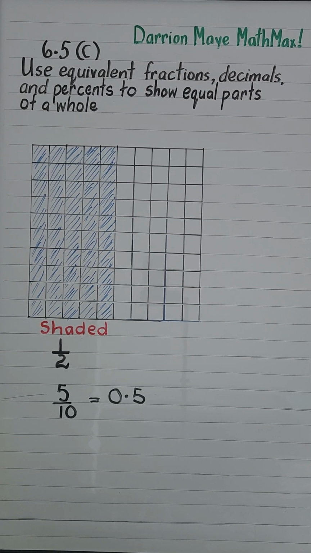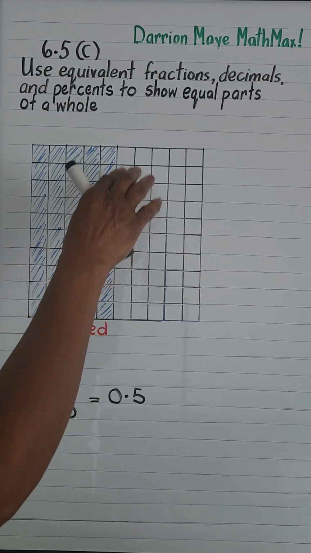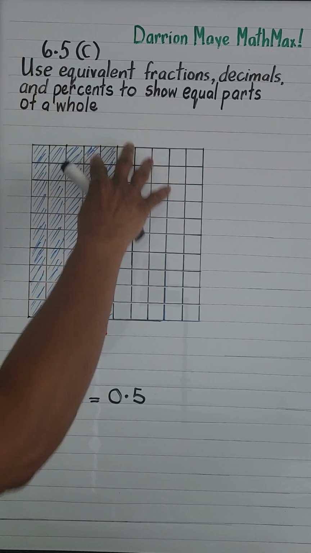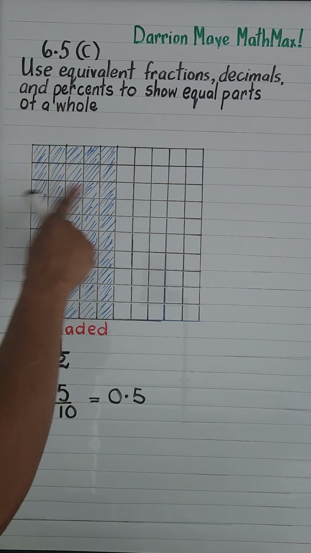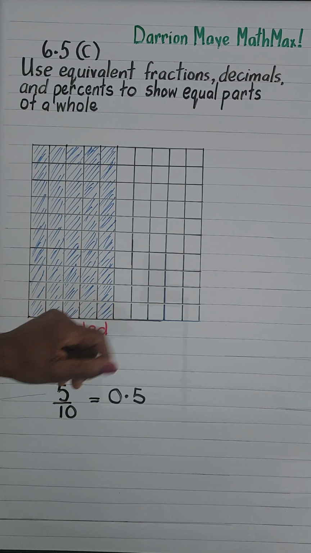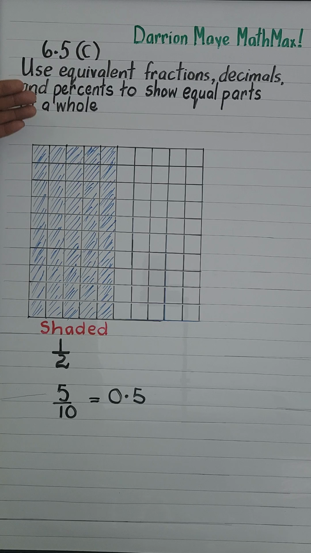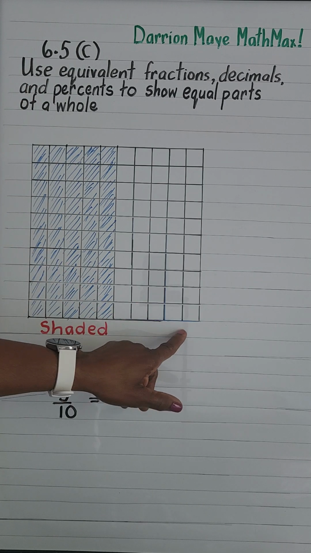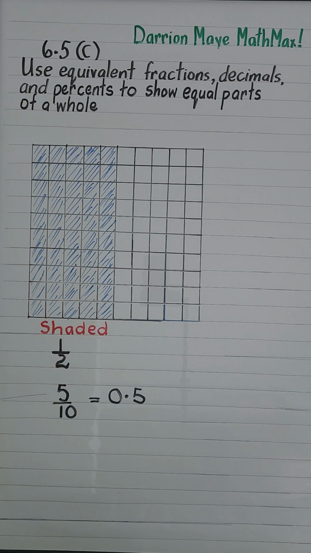Now take a look when we have the 10 columns and now we have added 10 rows. Now we'll have 100 squares, and we can say 50 out of the 100 is shaded.